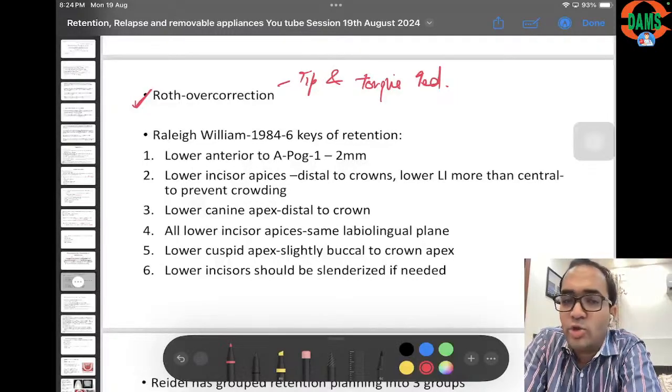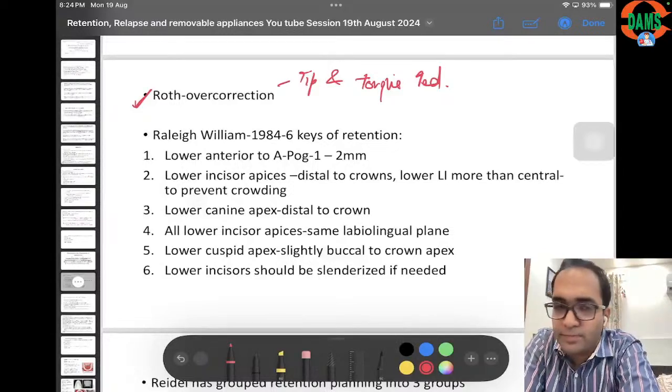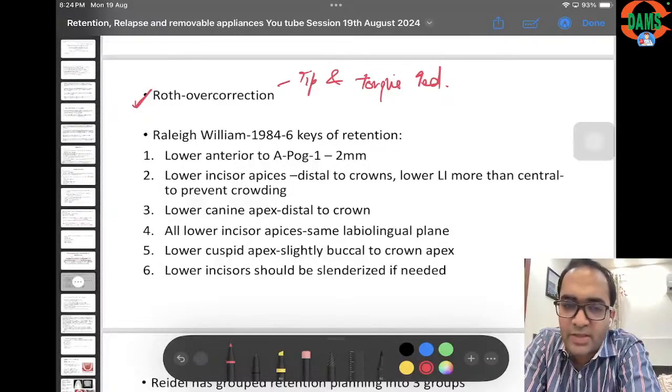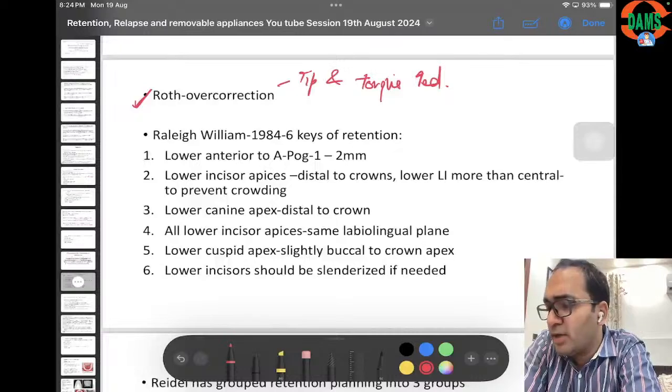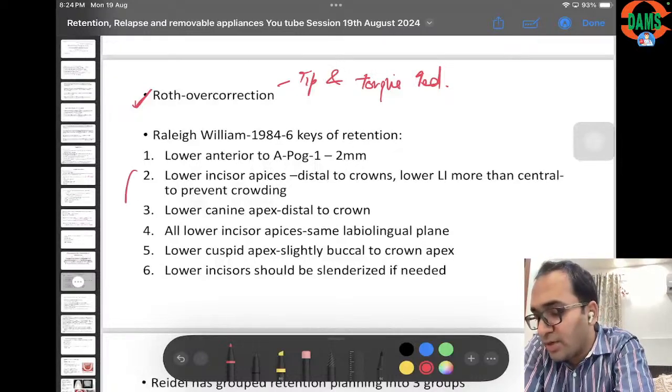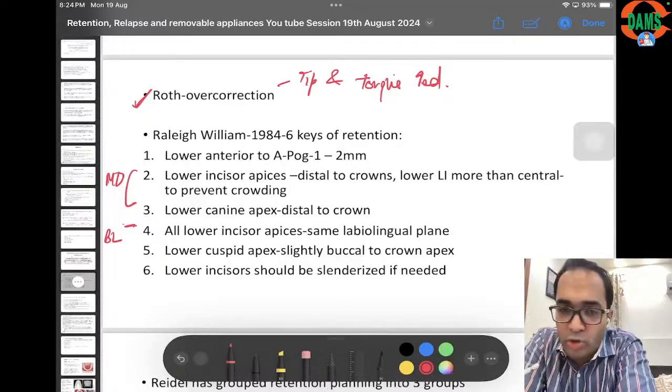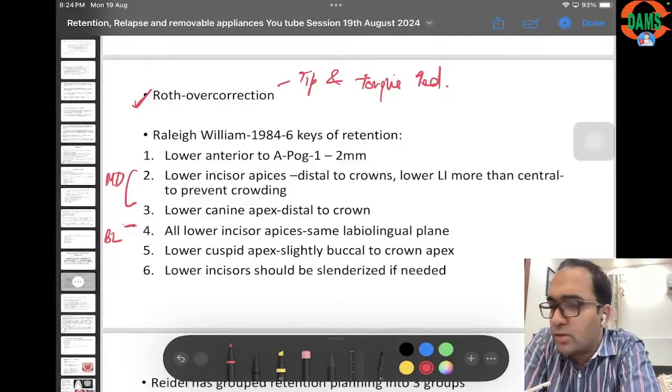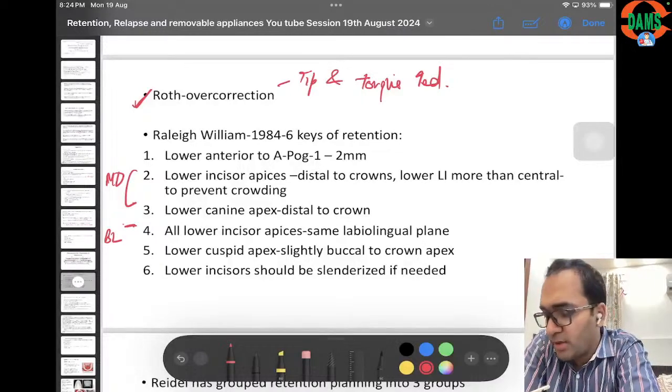Lower canine apex is distal to the crown. All lower incisor apices should be in the same labiolingual plane. So you have talked about the mesiodistal, and from the buccolingual or labiolingual plane, they should be in the same plane. Next, lower cuspid apex slightly buccal to the crown apex.